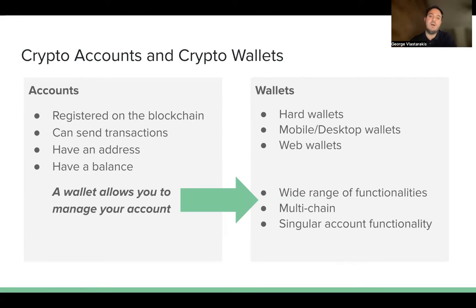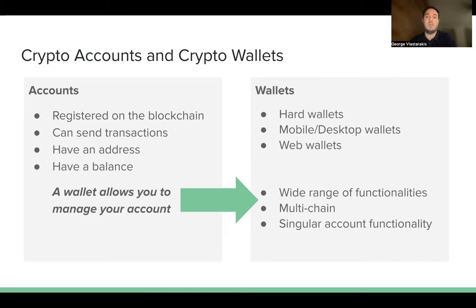Different wallets have wide ranges of different functionalities, and the most used ones are multi-chain, meaning that you can have an account on different blockchains on the same wallet if you would like to hold Bitcoin and Ethereum at the same time and access many different networks for several reasons.